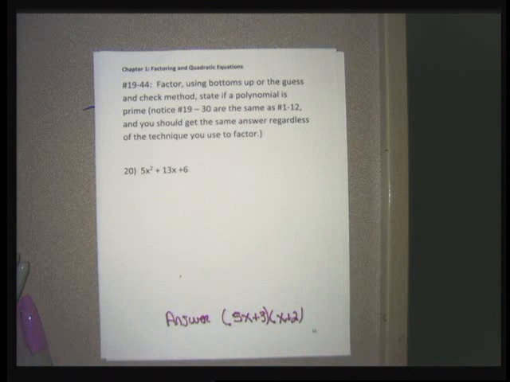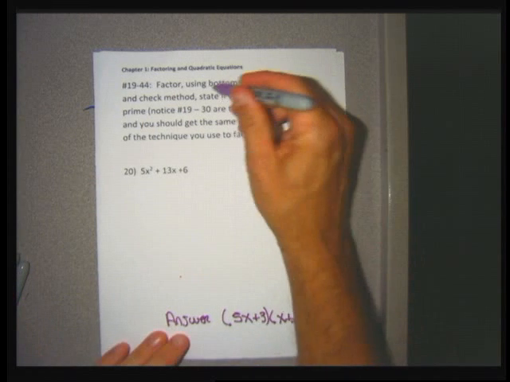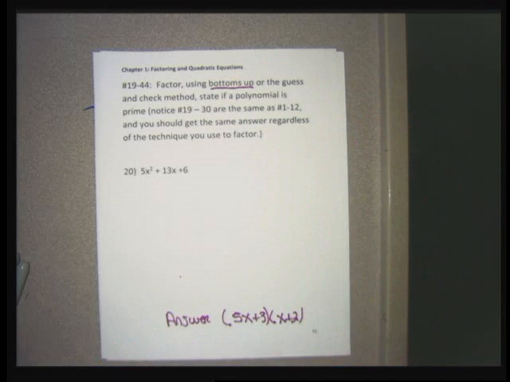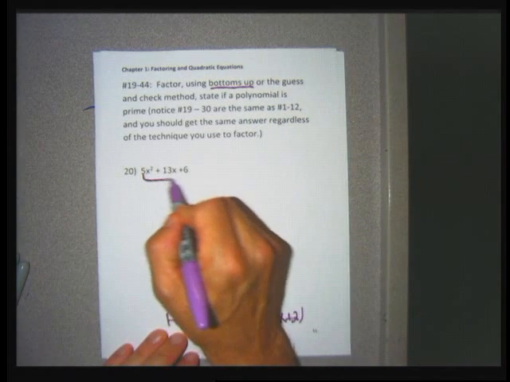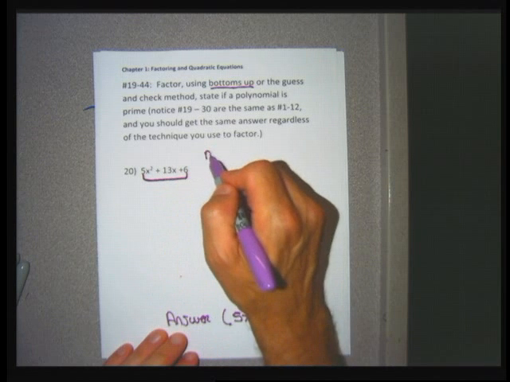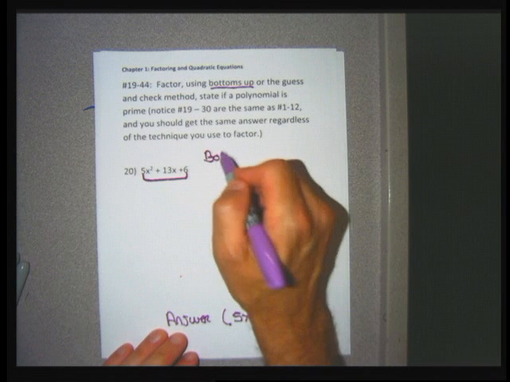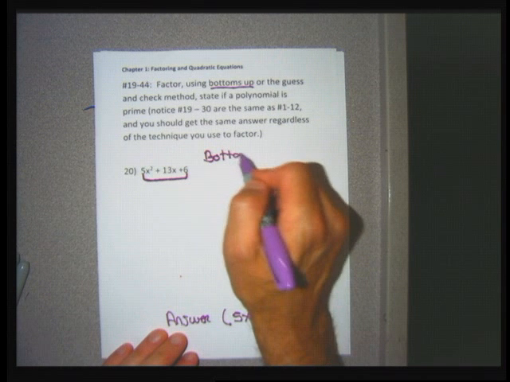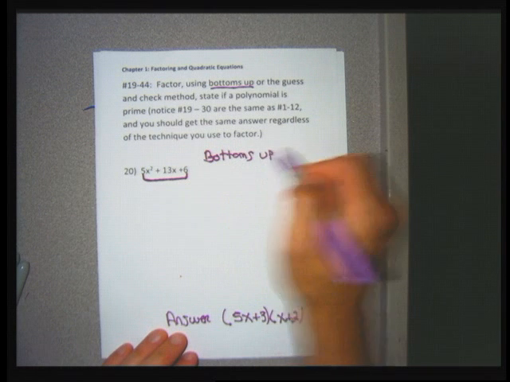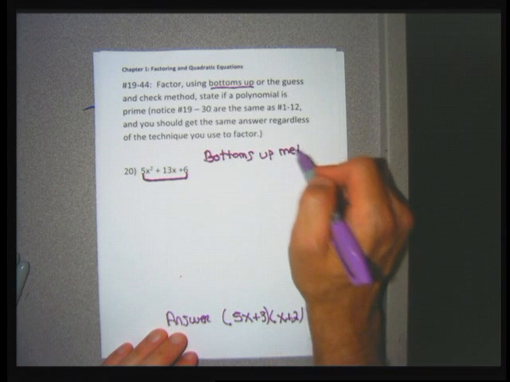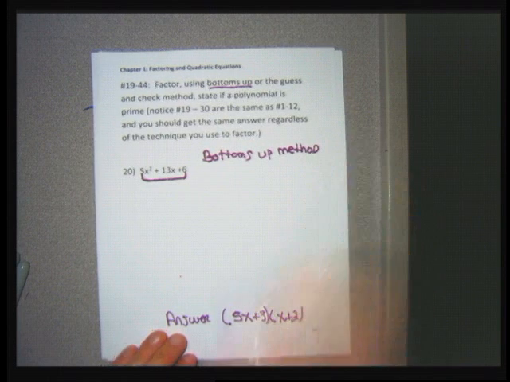So how do I do this bottoms-up method that I say is easier? First step is the same. The first step for bottoms-up is the same as the first step for grouping. I'm going to multiply. So this is going to be bottoms-up. If you stick with this method through these problems, I think you'll like it better than grouping.